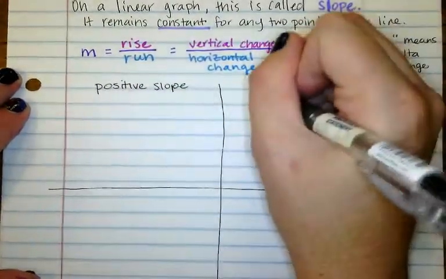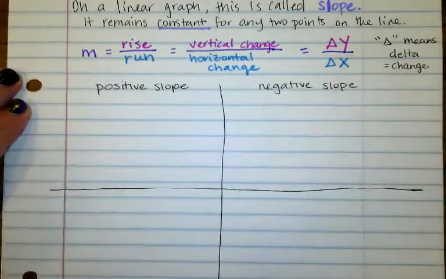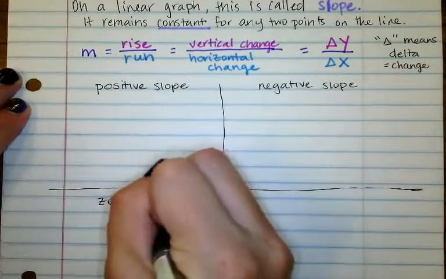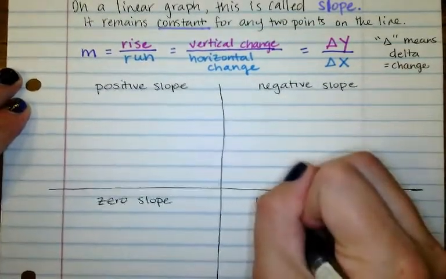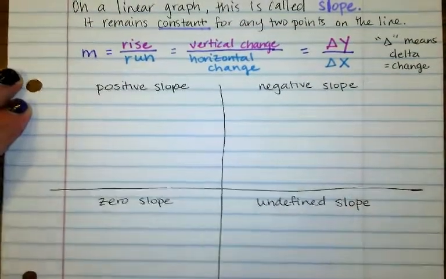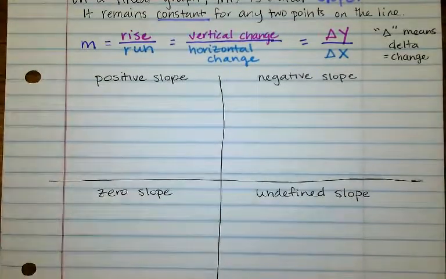We are going to talk about a negative slope. We are going to talk about a 0 slope and an undefined slope. Okay? So those are the 4 different types of slope that we are going to discuss.